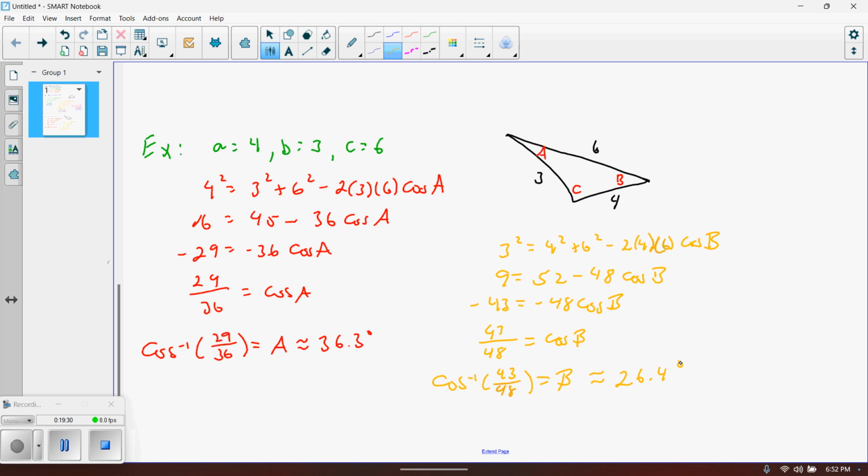And we are going to have an obtuse angle, because if I add 36.3 and 26.4, that is well less than 90. So that means the other angle will be bigger than 90 degrees.